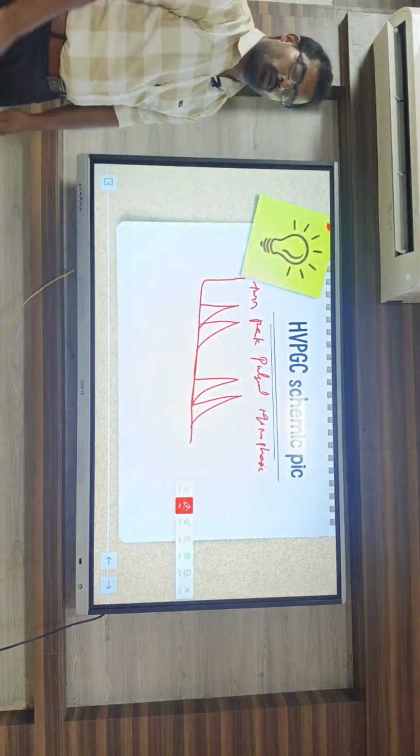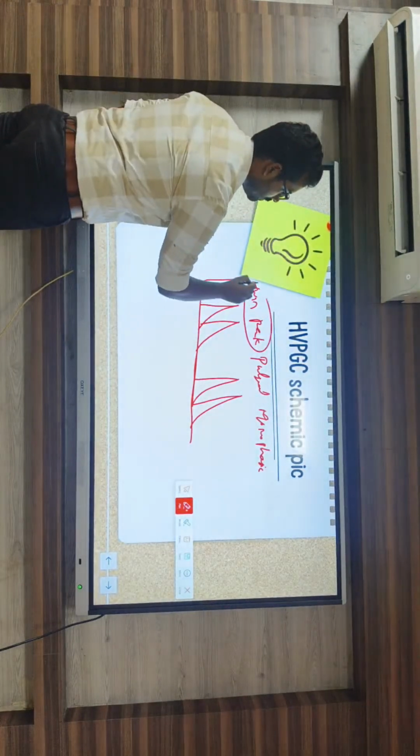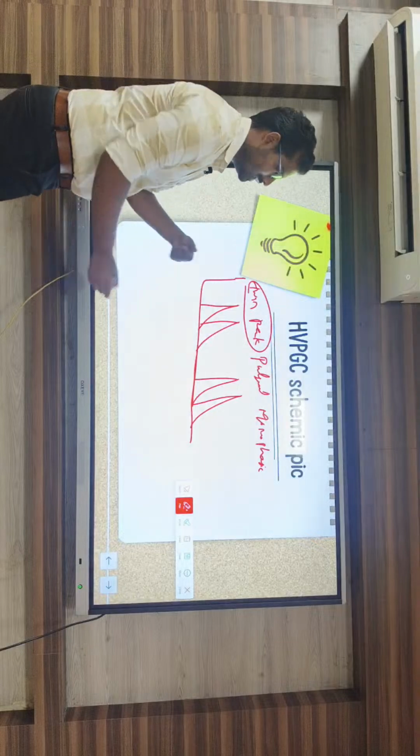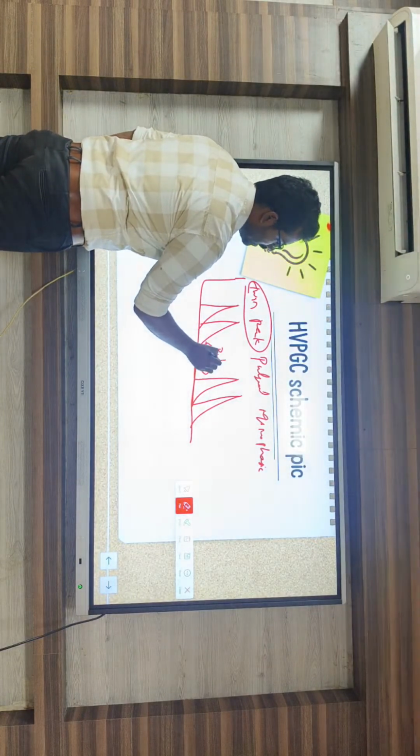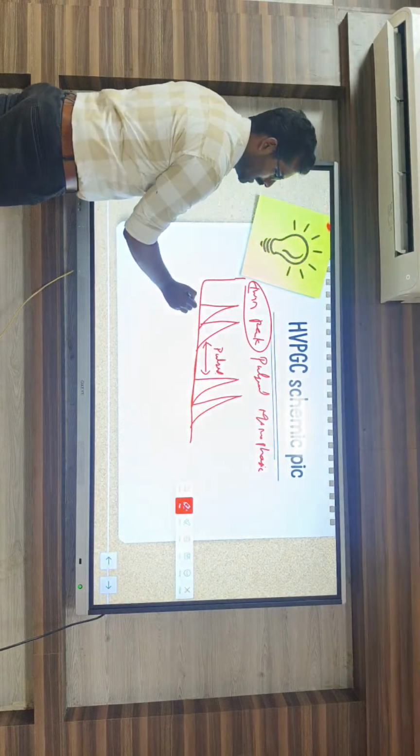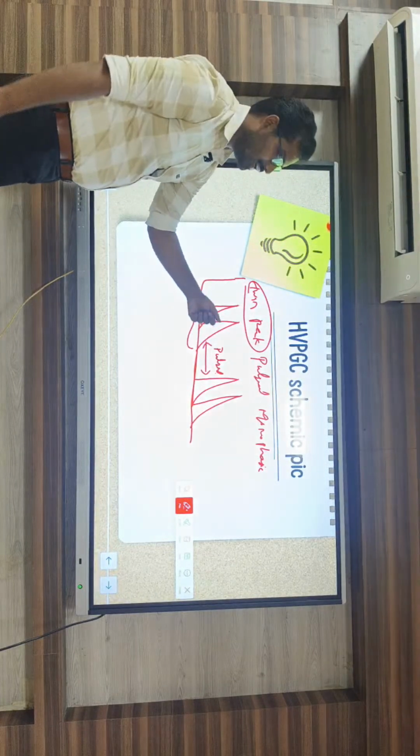This is the twin peak. And what about the pulse? The pulsed wave resembles this resting period. This is known as the pulse. And this is the twin peak, and this is about the pulse.